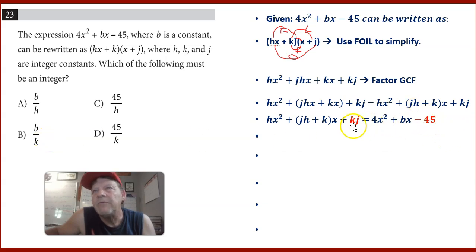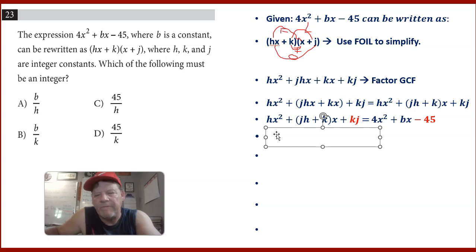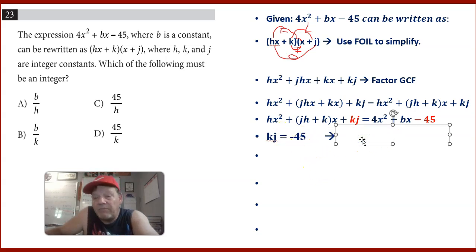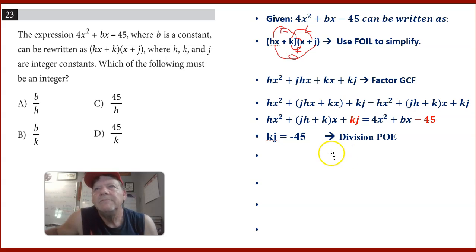Okay, so if kj equals negative 45, now I can solve that using the division property of equality and solve it for j, and see how I divide both sides by k.